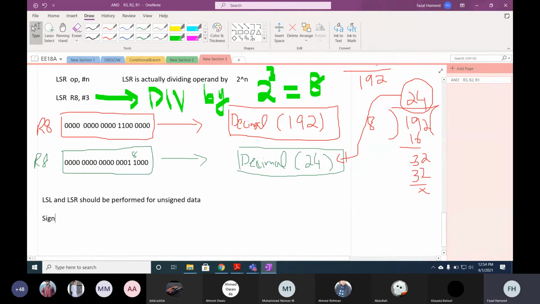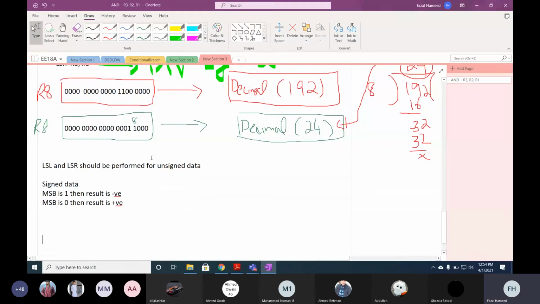What about signed data? If we have signed data, how do we represent it? Sir, the MSB, if it is 1, then it is negative. So if the MSB is 1, the result is negative. If the MSB is 0, then the result is positive.